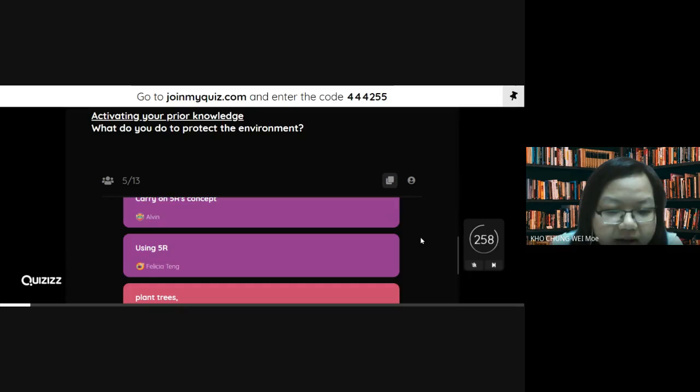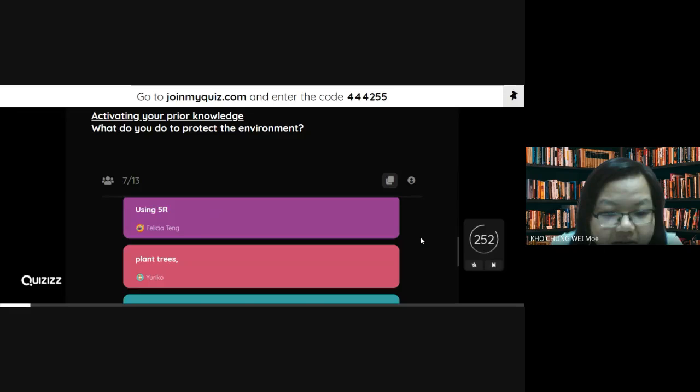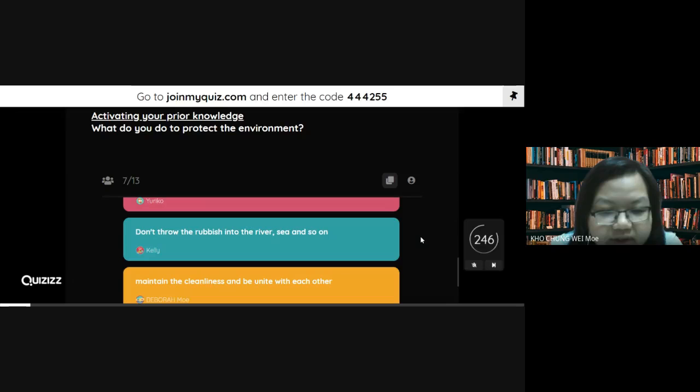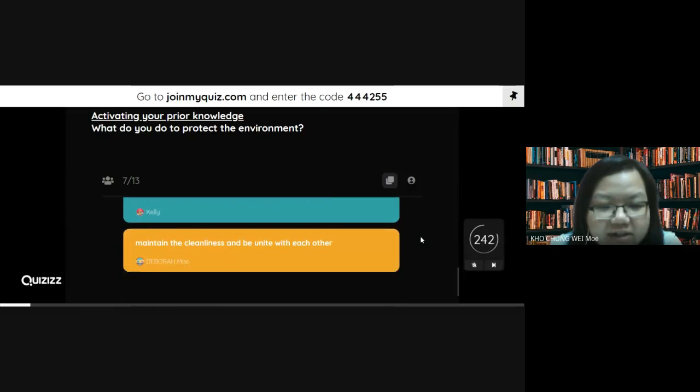Carry on 5R concept, Alvin as well. Would you mind explaining what are the 5 R's? Recall said plant trees, similar to Boston. Don't throw the rubbish into the river, sea, and so on. Very good, Kelly. Do not litter. Maintain the cleanliness and be united with each other.